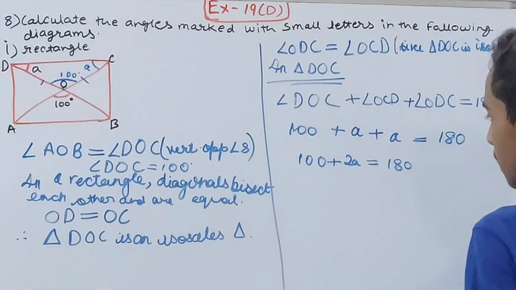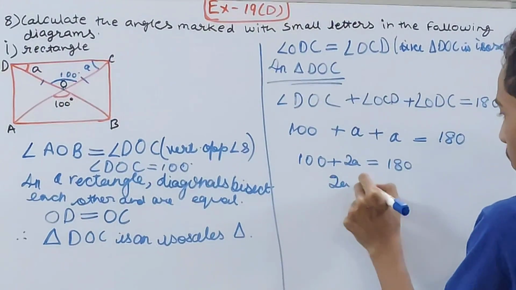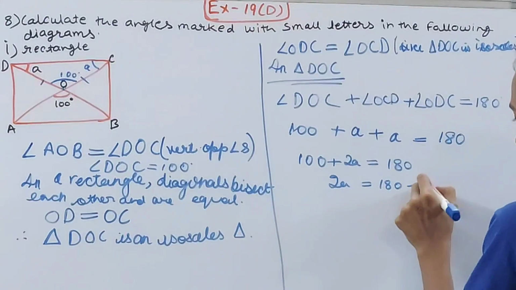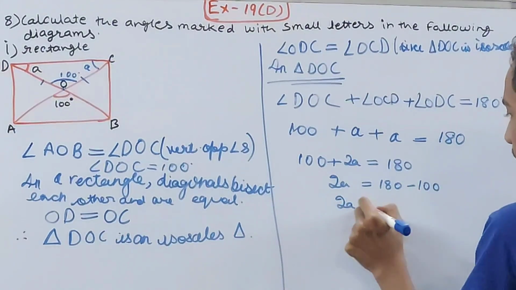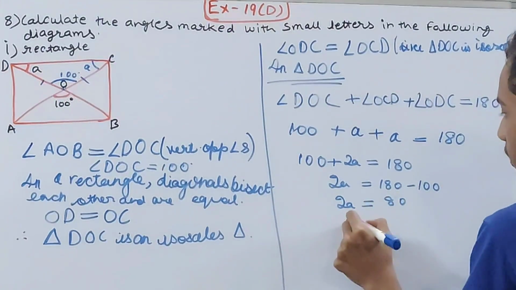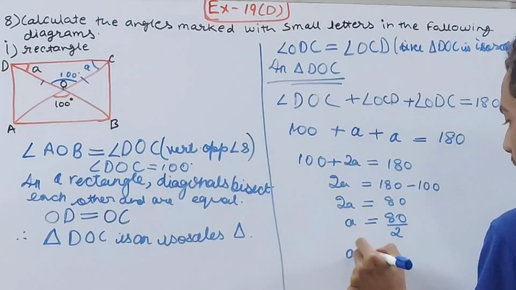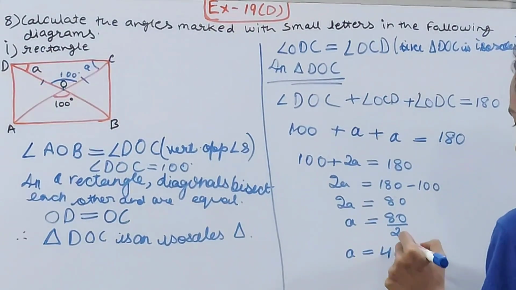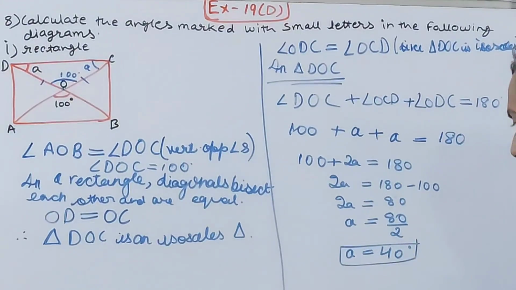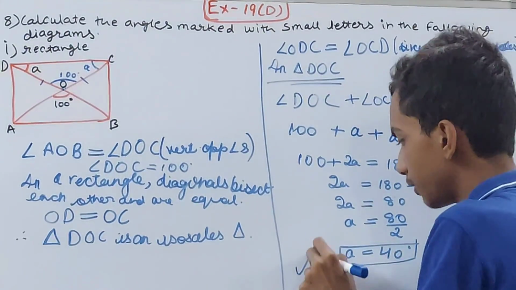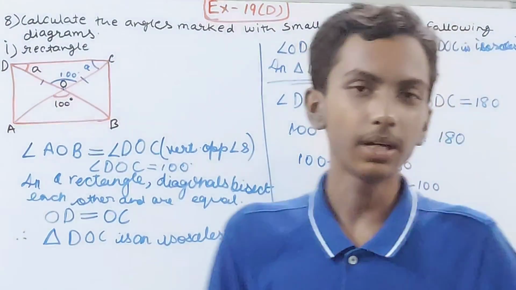Very simple equation. 2A is equal to 180 minus 100, 2A is equal to 80. So A will be equal to 80 by 2. That means A is equal to 40 degrees. That's the final answer of this part. Let us move on to the next part.